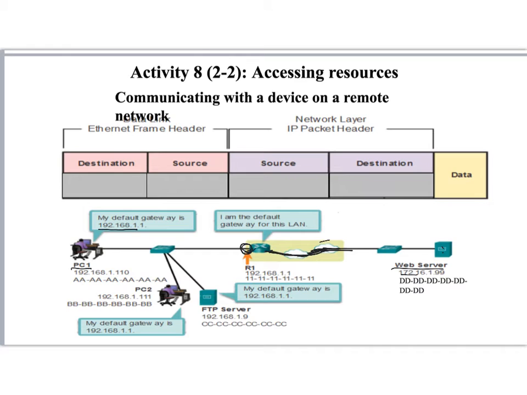Okay? So remember this, any router will have a physical address and a logical address on every single port of the router. That's why here we say router 1 has this logical address, IP address, and the physical address. This router port will have a different physical address and logical address.